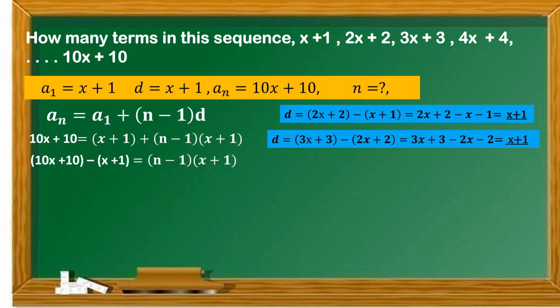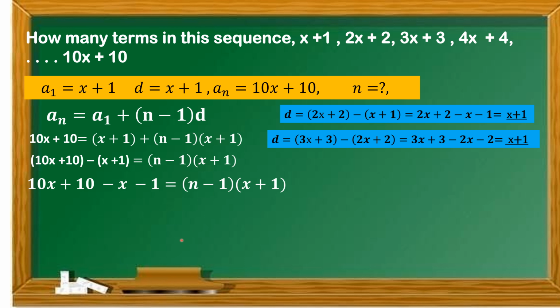Next, we are going to transpose the quantity of x plus 1 to the left. So what are the terms on the left? We have 10x plus 10 minus the quantity of x plus 1. And the remaining on the right side are n minus 1 and x plus 1.